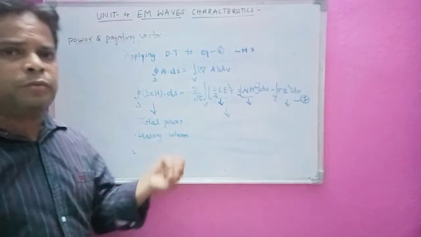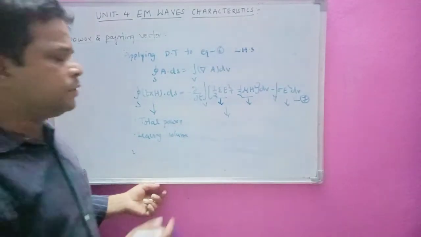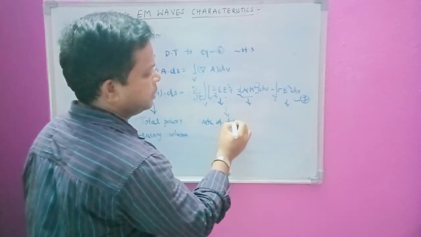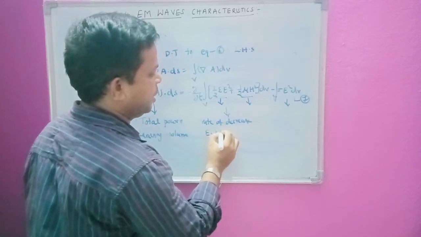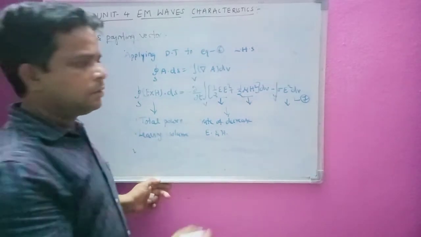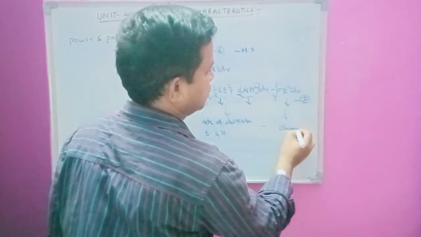Here the energies are both electric energy and magnetic energy, so the rate of decrease of electric and magnetic energy, and minus the ohmic losses.